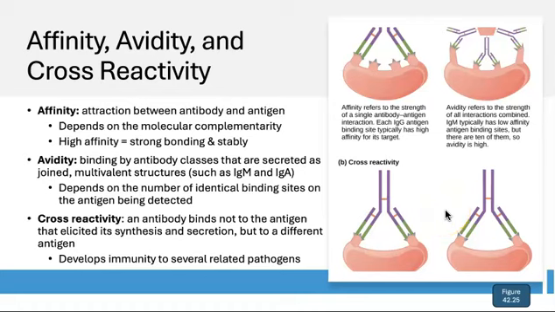So in this way, we are able to develop immunity to several related pathogens, and different macromolecules can exhibit the same molecular identities. For instance, we may have antibody reactivity against similar surface structures such as gram-negative bacteria because they are going to have similar structures along their plasma membrane.